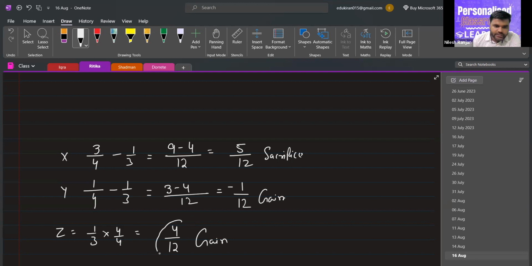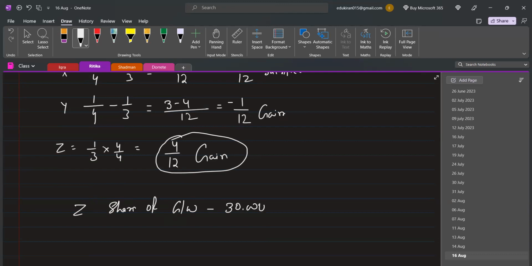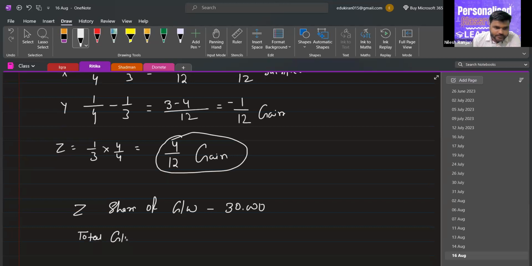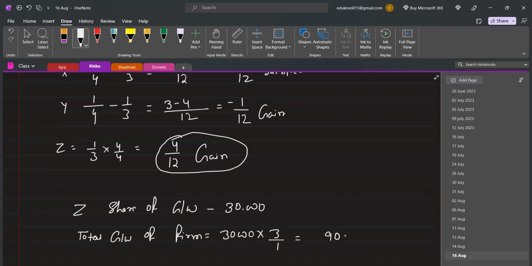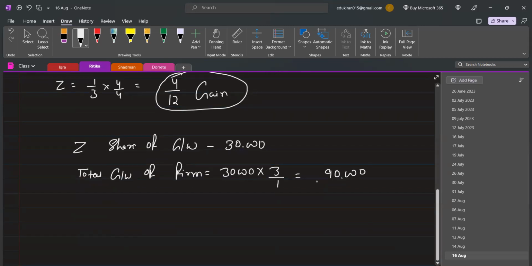So Z is bringing 30,000. Z's share of goodwill is 30,000. So total goodwill will be 30,000 into 12 by 4. Okay, so total goodwill is 90,000.